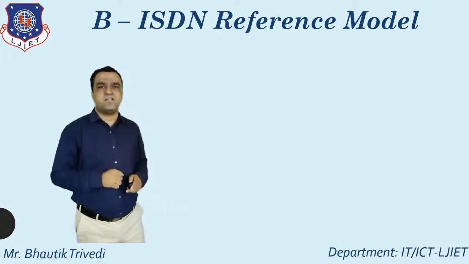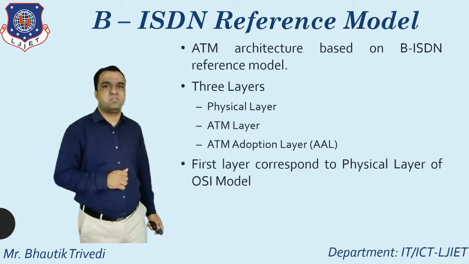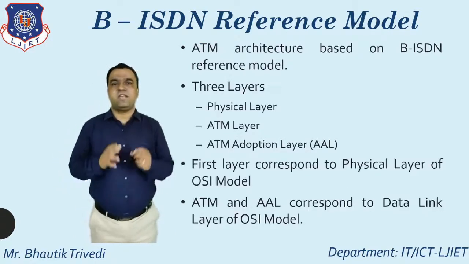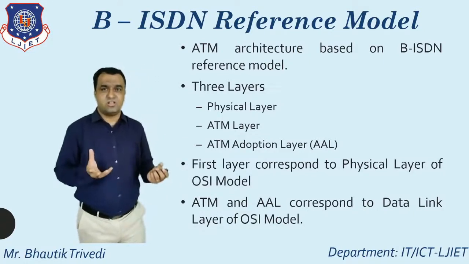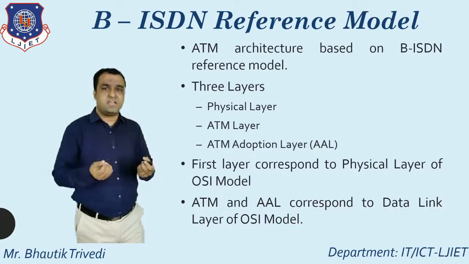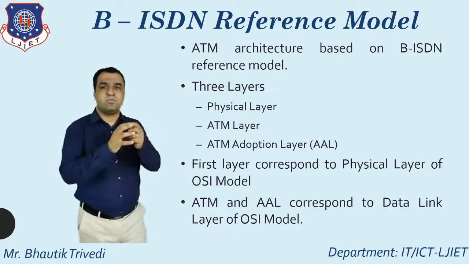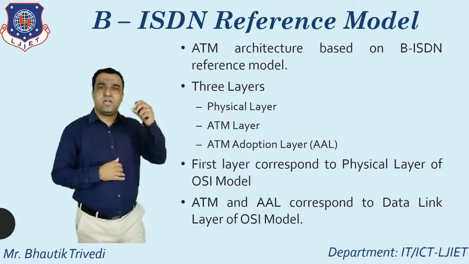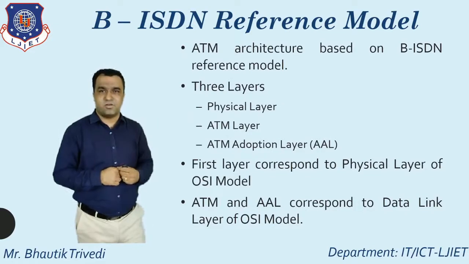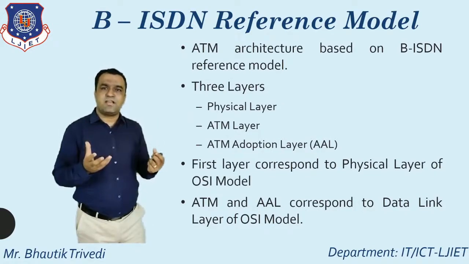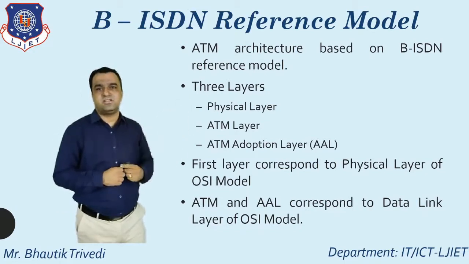Since we are talking about the ATM cell structure, you should know the ATM architecture properly. The ATM architecture is directly based on the BISDN reference model. How many layers does the ATM architecture support? It supports 3 layers.